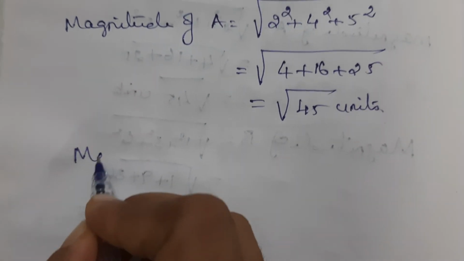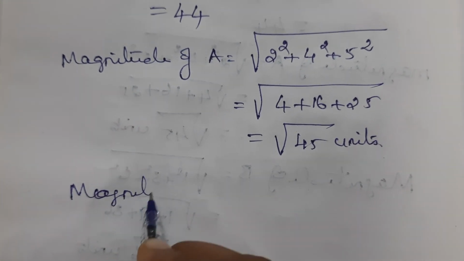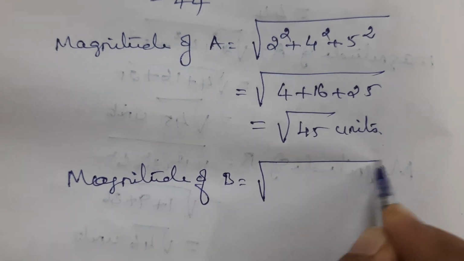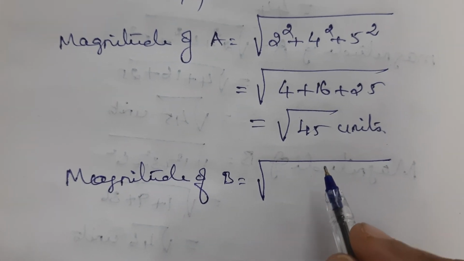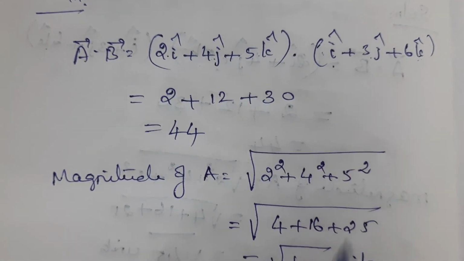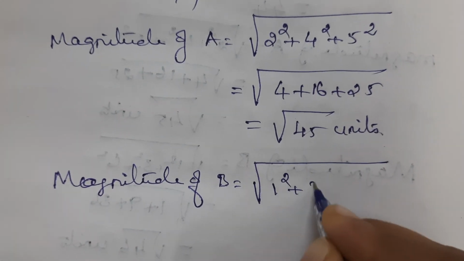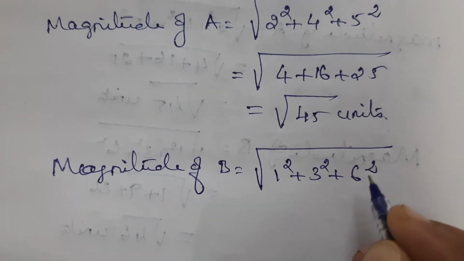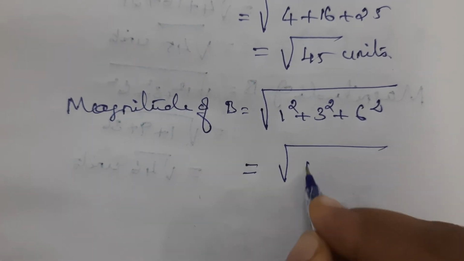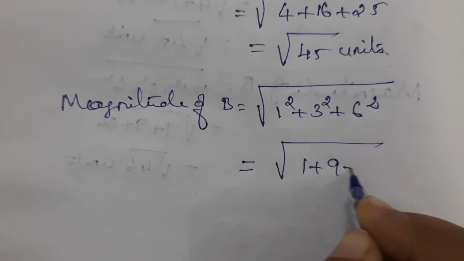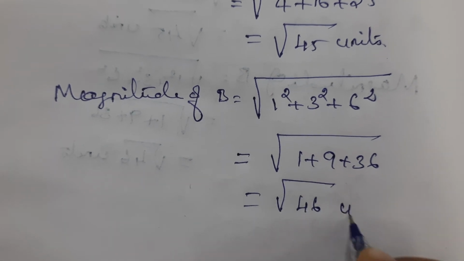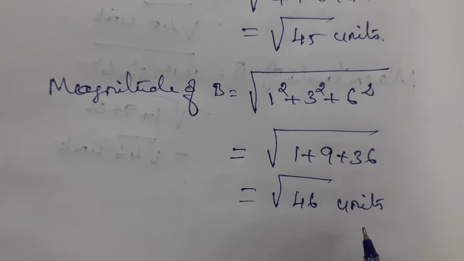Next, magnitude of B: bx square plus by square plus bz square, 1 square plus 3 square plus 6 square, that is 1 plus 9 plus 36. So the answer is square root of 46.